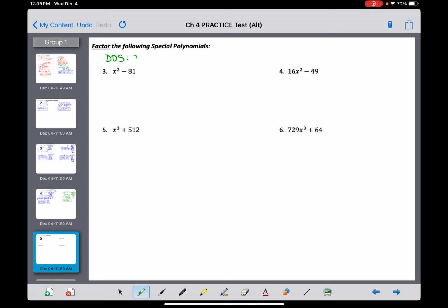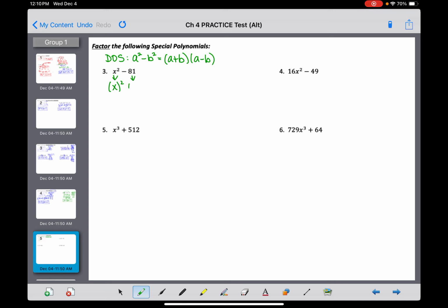And I know off my blue sheet that difference of squares, which look like a squared minus b squared, factor into a plus b, a minus b. So I need to figure out what is a and what is b. Well, in the first term, x is being squared to make x squared.